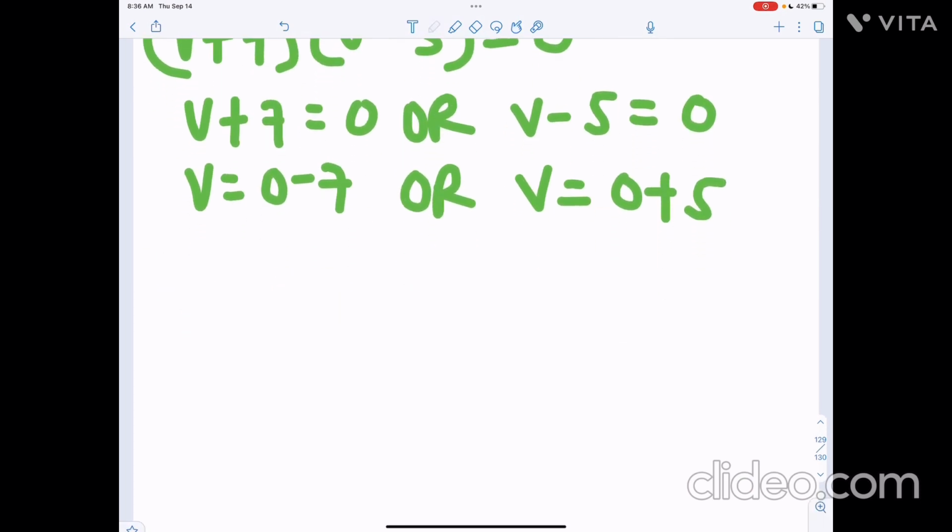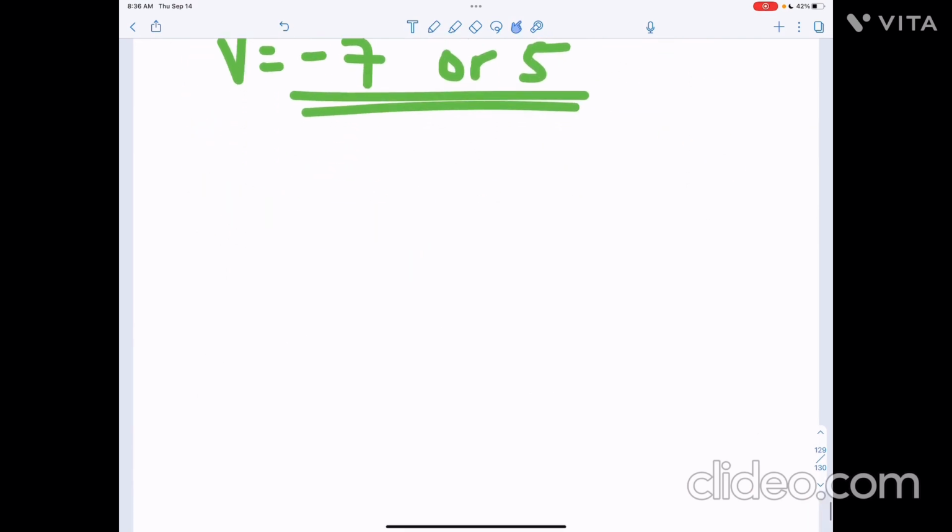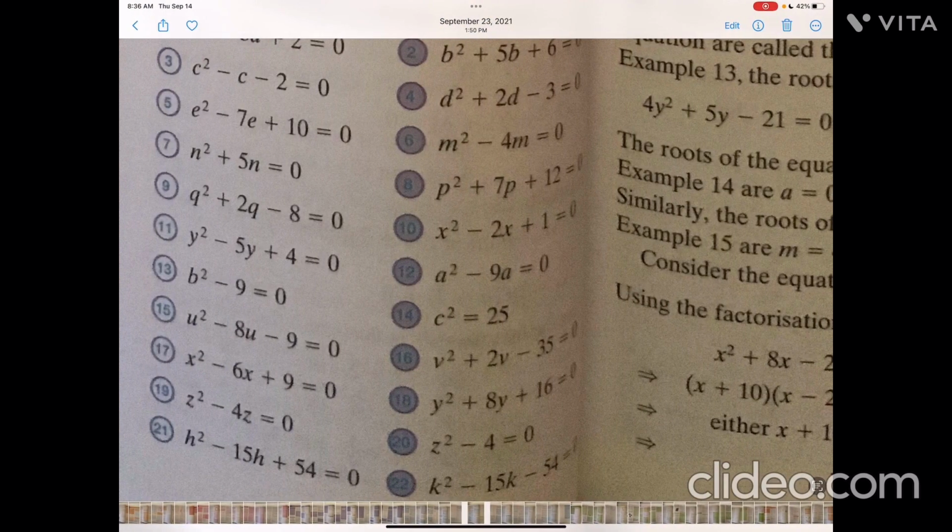What does that end at? v is equal to minus 7 or 5. I'll keep shortening my steps at every point on the ladder.